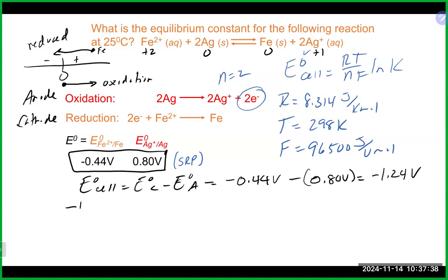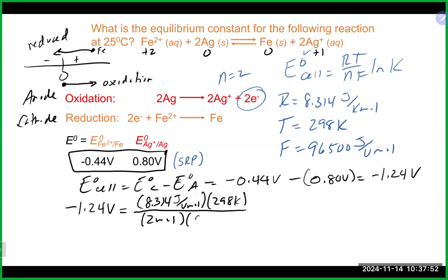We'll have negative 1.24 volts is equal to our 8.314 times our temperature in Kelvin divided by our n, which is 2 moles, and our Faraday's constant there, times natural log of K. So we can clean up here on the right-hand side, 8.314 times 298 divided by 2 divided by 96,500.